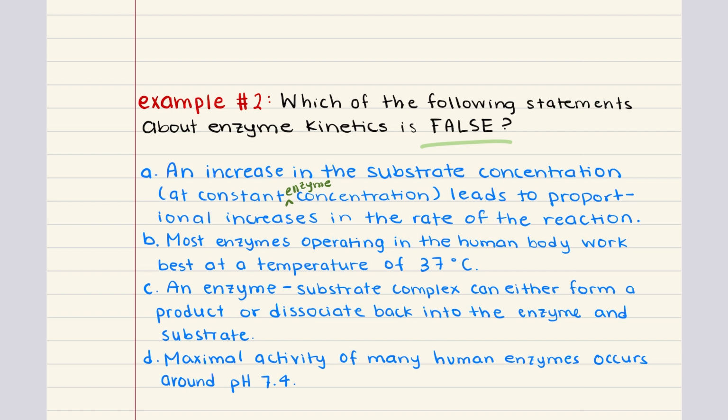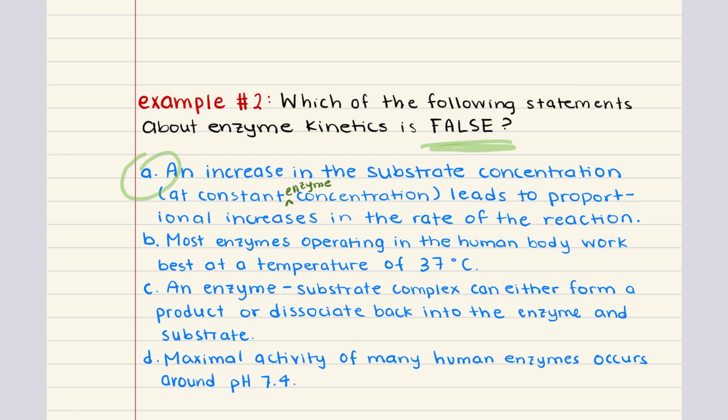The reaction rate levels off and it approaches a maximum known as Vmax. So the increase in rate is not proportional at high substrate concentrations. The relationship is hyperbolic, not linear. So this makes answer choice A the correct answer to this question because it is the one that is false.